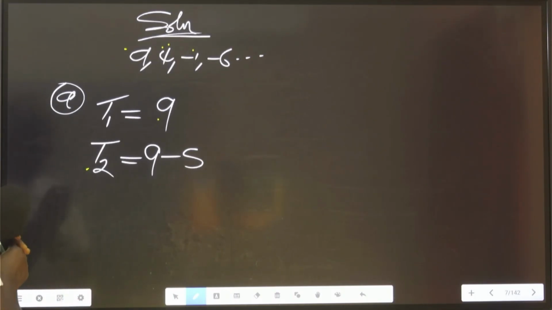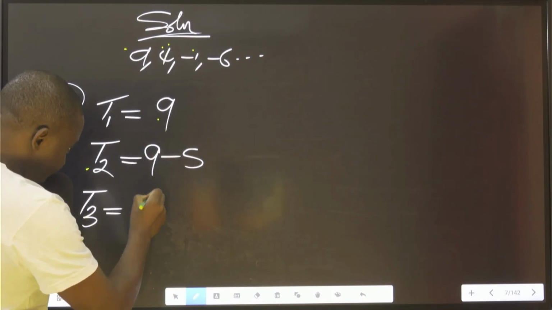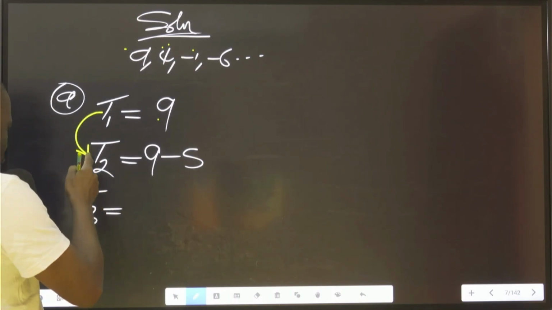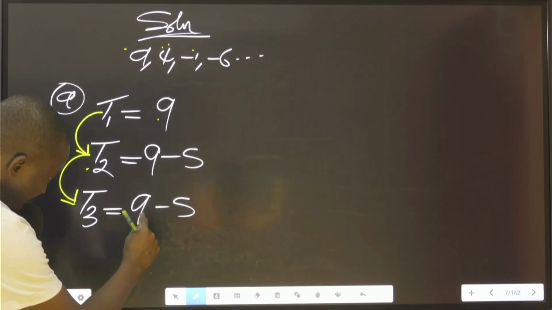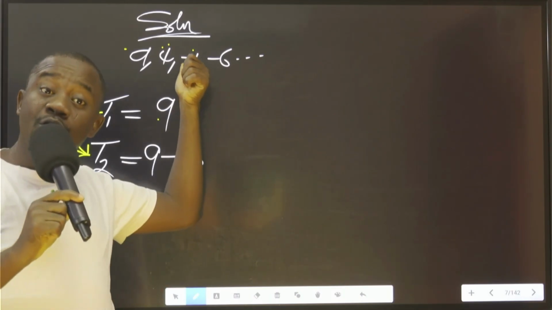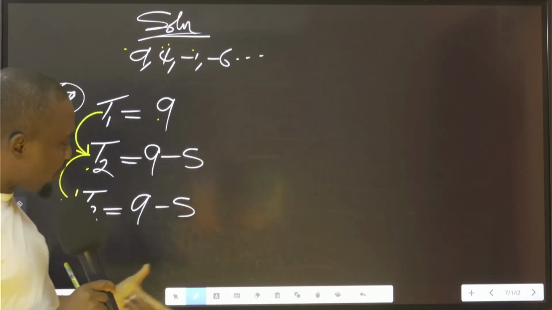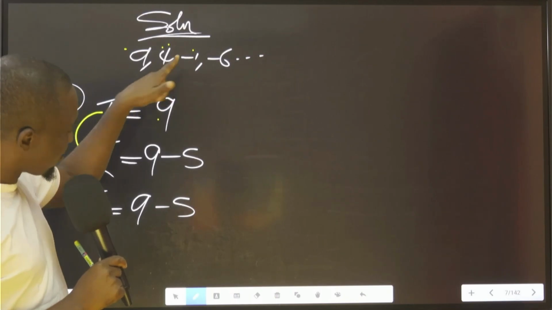Let's go for the third one. The third one is derived from the second one because this one gave birth to this, while this gave birth to this. So therefore, we must write this down. And you agree with me that this is 4. What can you do to 4 to get minus 1? By removing another 5. That is, minus 5 here will give us minus 1.